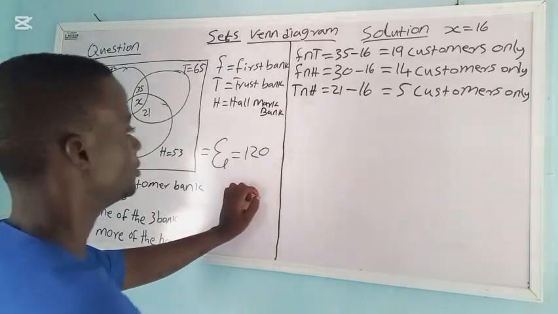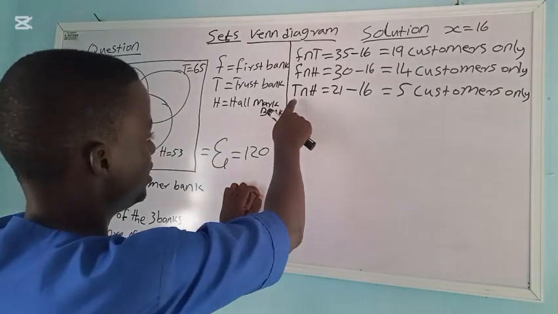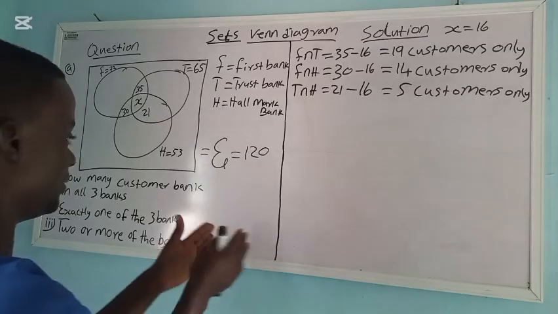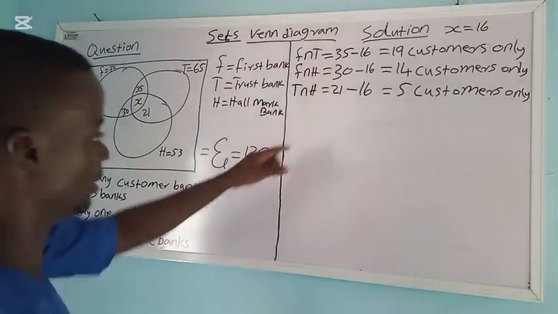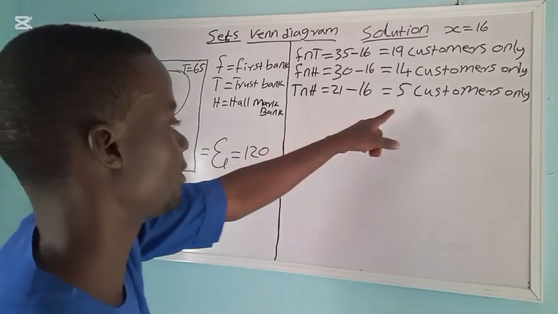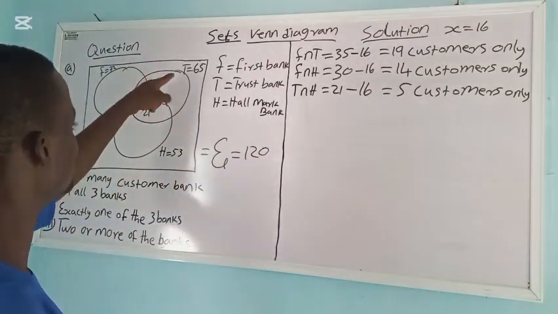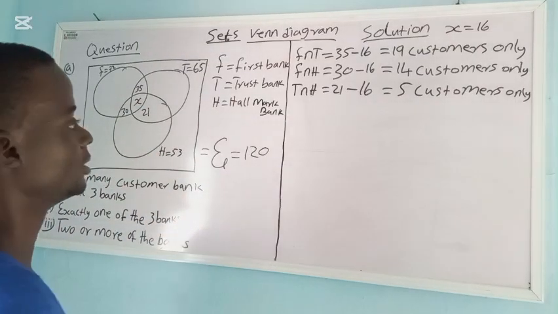T intersection H, this intersection means together, together. So now we have 5 customers that bank with only Trust Bank and Hallmark Bank.